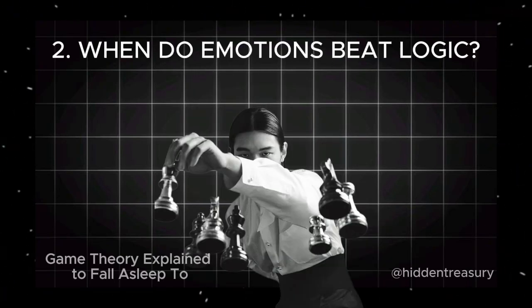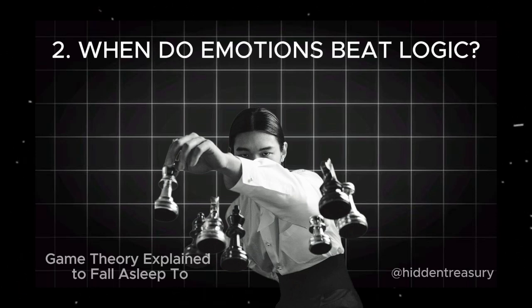What happens when emotions and strategy collide? Sometimes, people don't do what makes the most sense on paper. They make a choice that feels right in the moment, even if it costs them. That's what happens when strategy runs into emotion, and it's one of the biggest reasons decisions don't always follow logic.